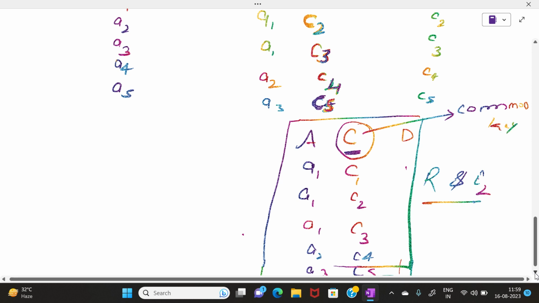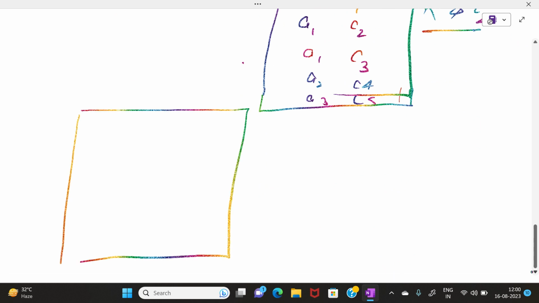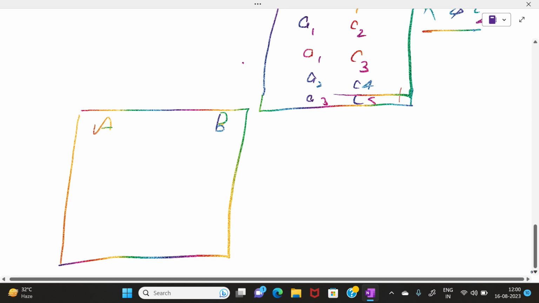But let's say we try to merge E1 and R. What will be the condition here? We have B, we have A and we have C. C is the candidate key of R and A is the candidate key of E1. So here E1 and R are merged.